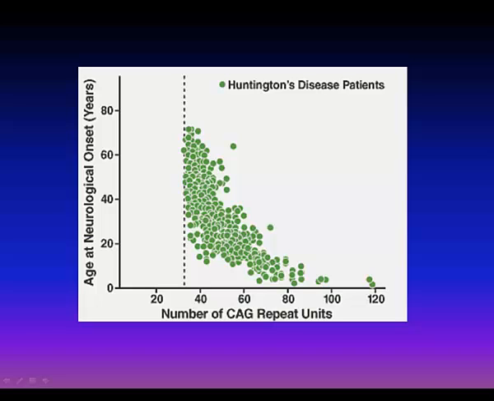The size of the fragment is important because individuals who have chromosomes with a large number of these repeats would have much larger DNA fragments, because they've got this 3 base pair region that's repeated over and over again.